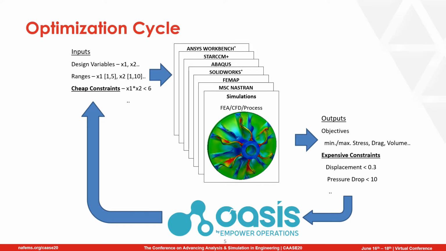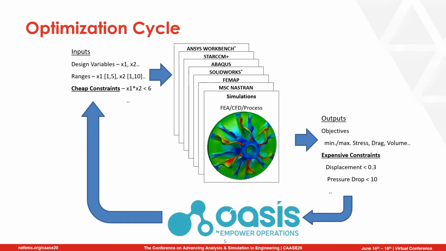The left hand side we have the inputs and the cheap constraints. The cheap constraints should be satisfied before the simulation call. And the simulation can be a combination of CAD, preprocessor, and solver, or a commercial package which does all. But the essence here is the cheap constraint is already satisfied before the simulation call.